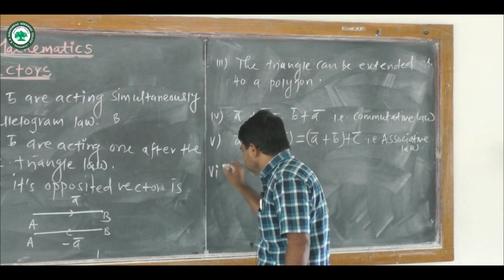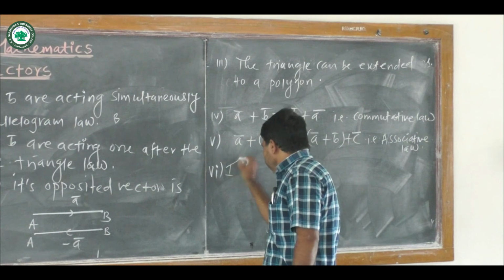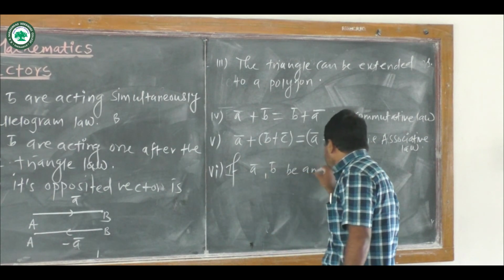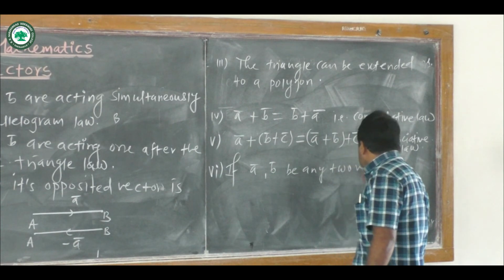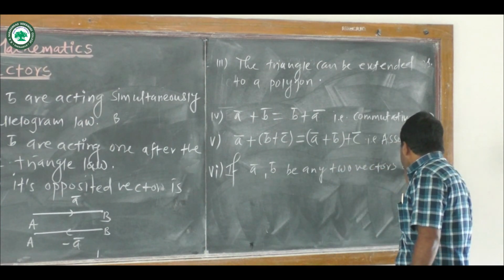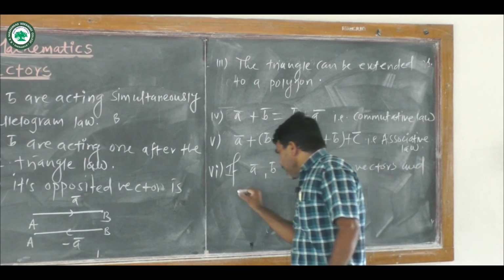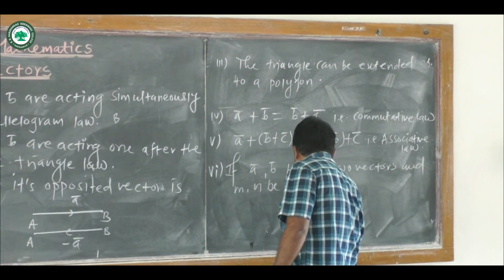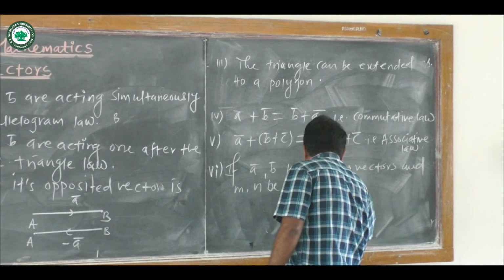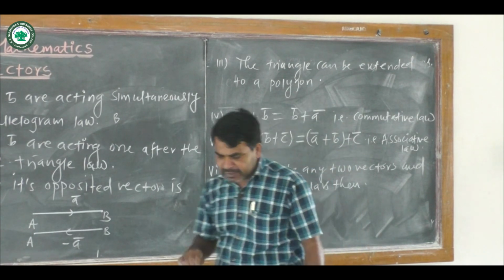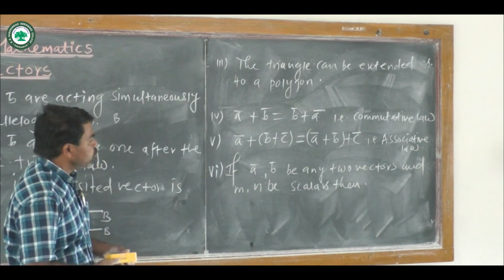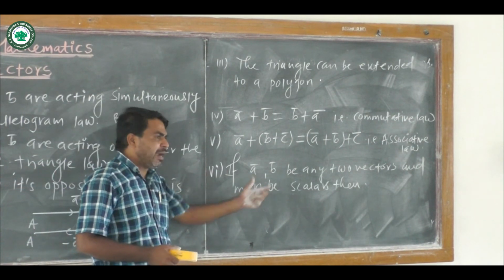Sixth one. If A bar and B bar are any two vectors and m and n are scalars, then you have been given two vectors A bar and B bar, and we have also been given two scalars m and n.